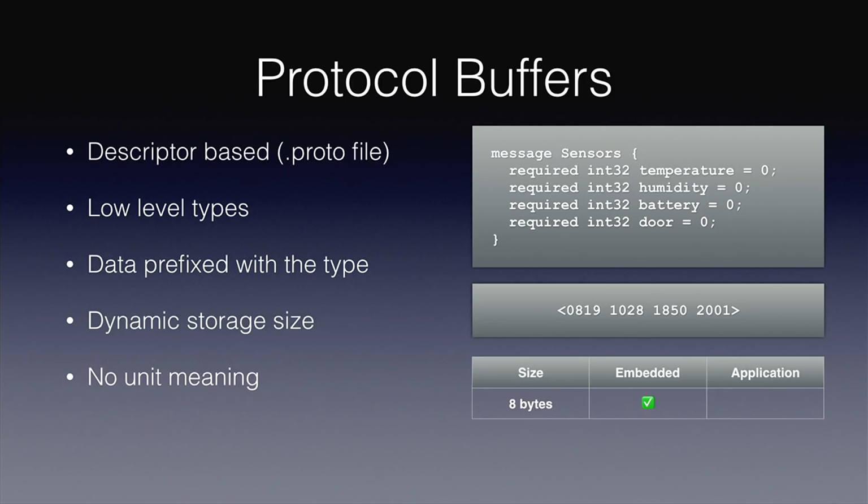The 08 is actually a prefix for protocol buffers to know what is the data type, what is the data behind. And 25, it only needs 1 byte. If it was like 2000, it would need 2 bytes. So the payload will grow as the data needs more space. Simple as that. But similar to the raw payload, there is no unique meaning.